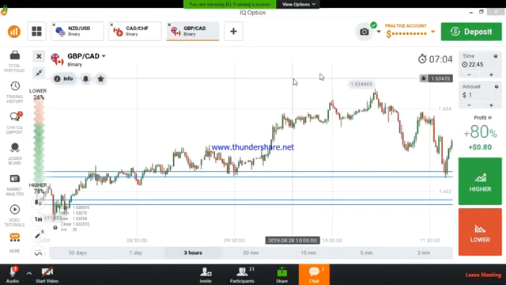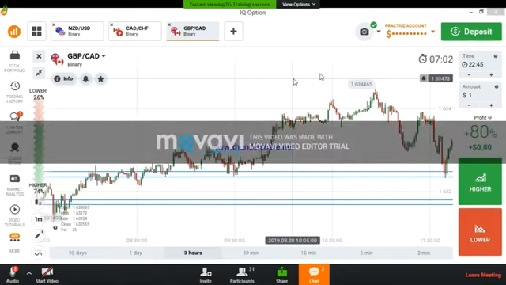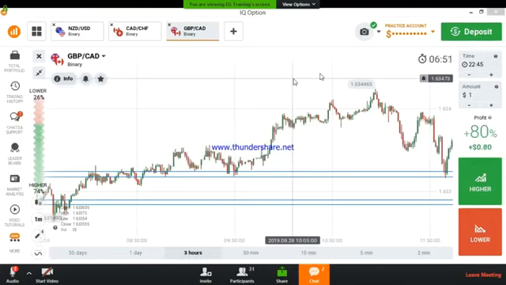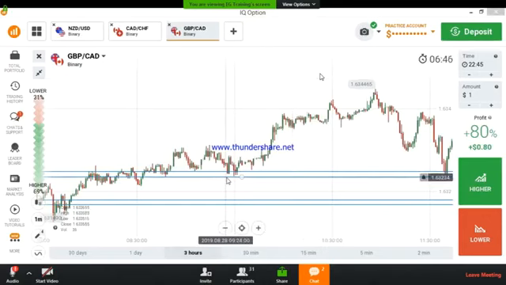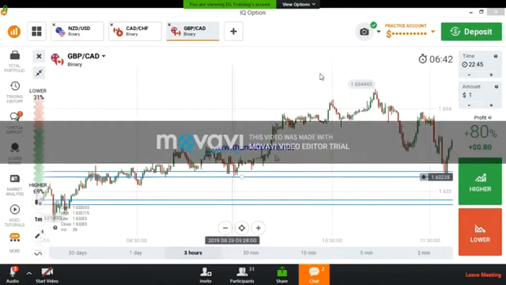For sure, there is no difference. If you want to draw manually, you can draw. To draw manually it will take some time, right? But the Fibonacci tool saves your time. If you want to draw a strong level, you can draw it with the Fibonacci tool too. Yeah, there is no difference.